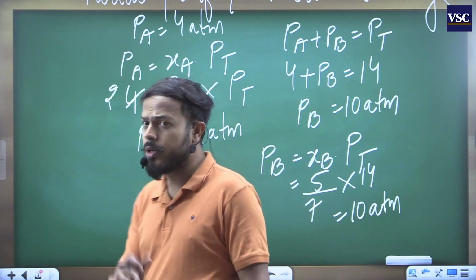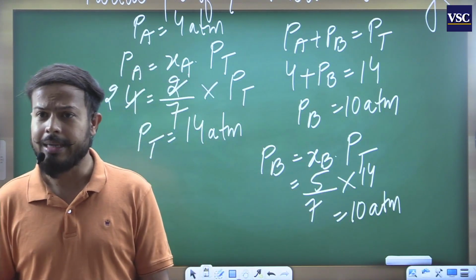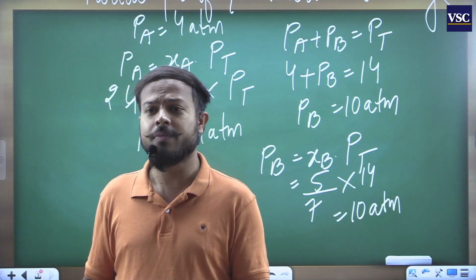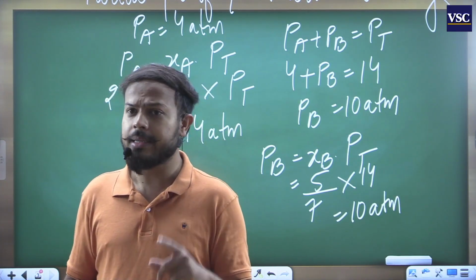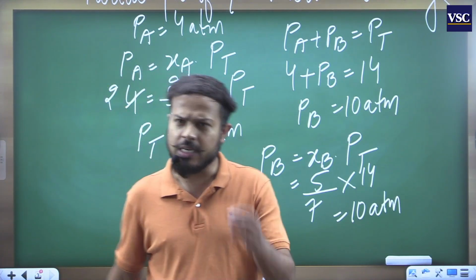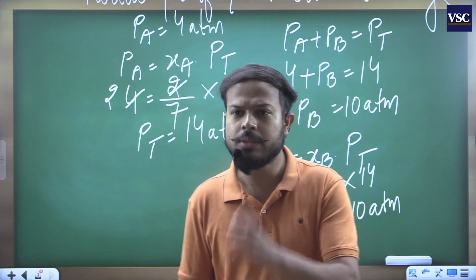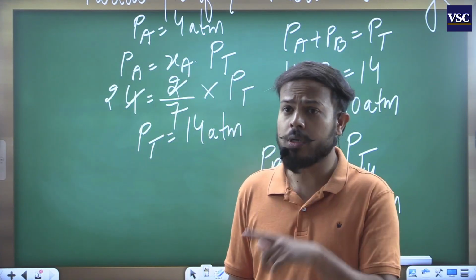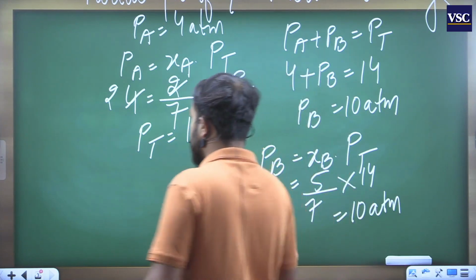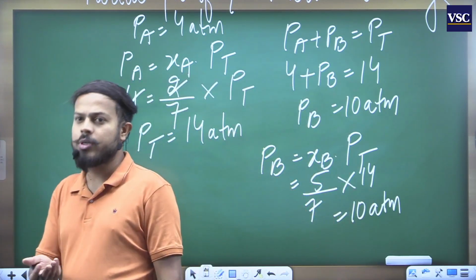Then we found two very important formulas of partial pressure. That is, if you want to find the partial pressure of any gas, multiply its mole fraction with P total. And the other thing is to apply PV equals nRT. If you want to find the partial pressure of A, just use the moles of A. And if you use total moles, then you'll get the total pressure. We did two questions also.